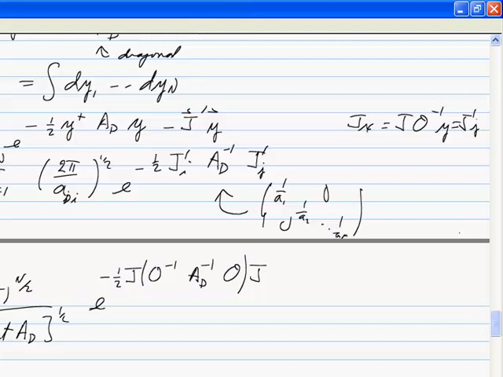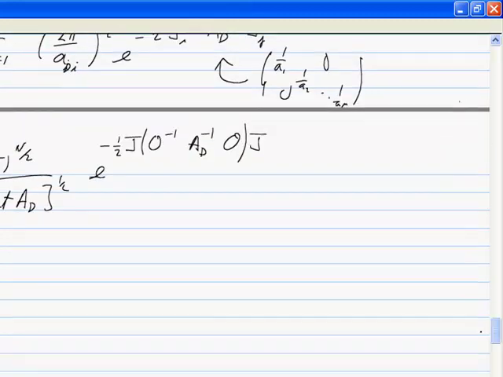Okay, and our last trick is to get away from this diagonalized matrix and back to the original one. And to do that, we need 2 steps.